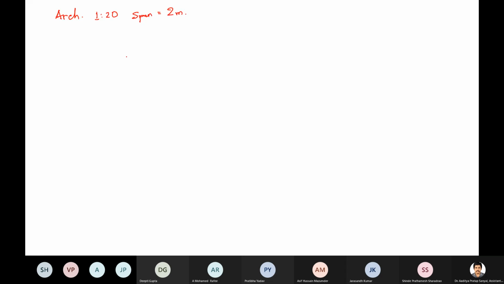At a scale of 1:20, if I have to draw, I will select my triangular scale and then I'll go to the 1:20 scale. I will see the markings now. This probably is 0.